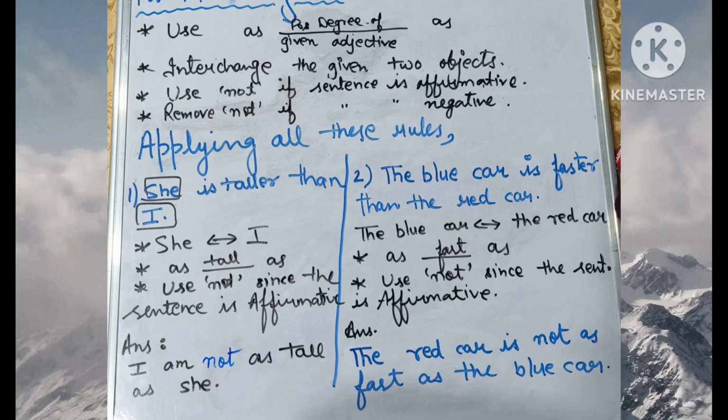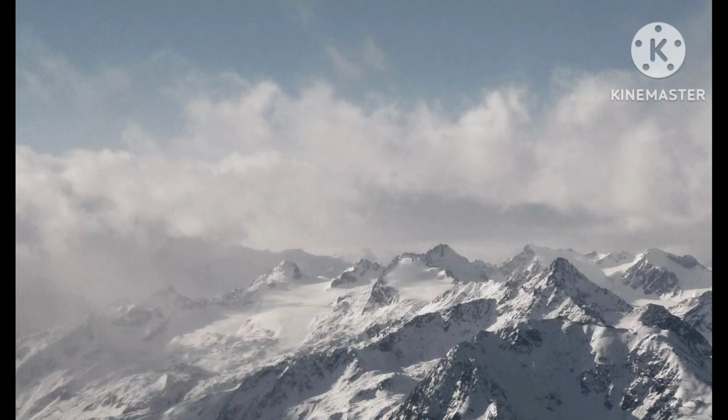So the final answer will be: the red car is not as fast as the blue car. Why are we using not here? So that the meaning should not be changed. Why? The blue car is faster. That means the speed of the blue car is more. We cannot say the red car is as fast as. If we say like this, the meaning will be that the speed of both the cars is the same, but it is not so. That's why we are using not here.